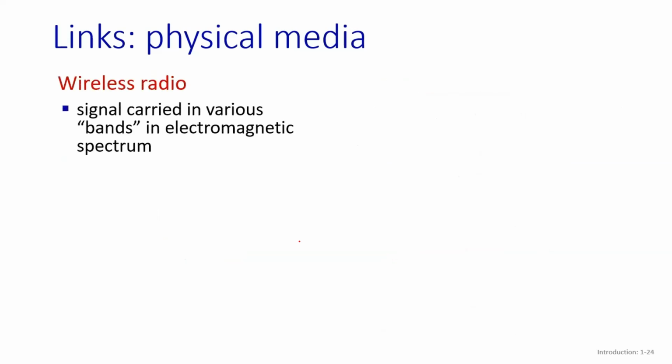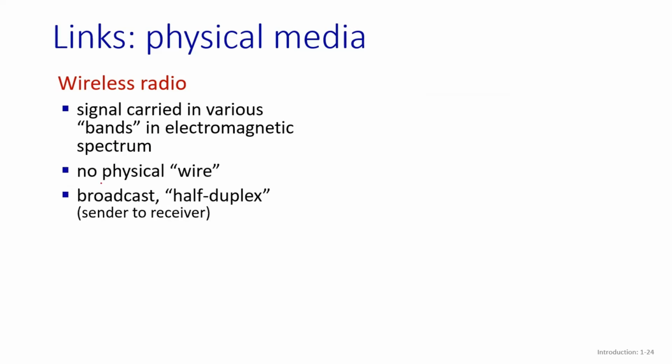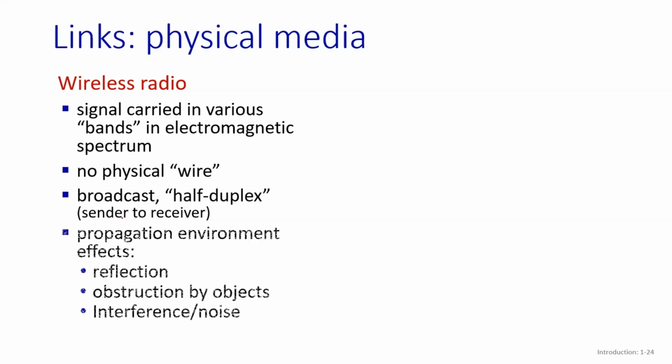Okay, let's talk about the unguided physical media, which includes wireless radio signals carried in various bands in the electromagnetic spectrum. So we have no physical wire in the case of unguided physical media. Broadcast, half duplex, sender to receiver, propagation, environment effects.